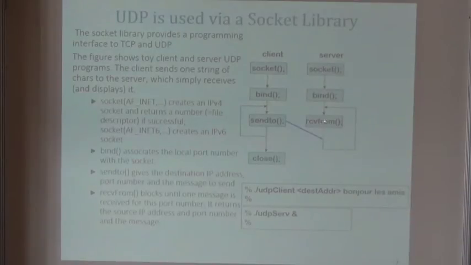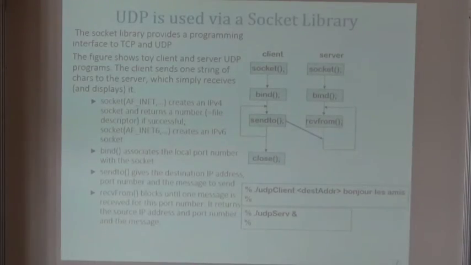Here there is a dotted line, which means that by default, if there is nothing to receive, which happens when you boot the server and nobody has yet started the application on the client side, the call will typically block. That means this program is stopped until there is something in the buffer. When there is something in the buffer, the execution of the program will resume from this point here.